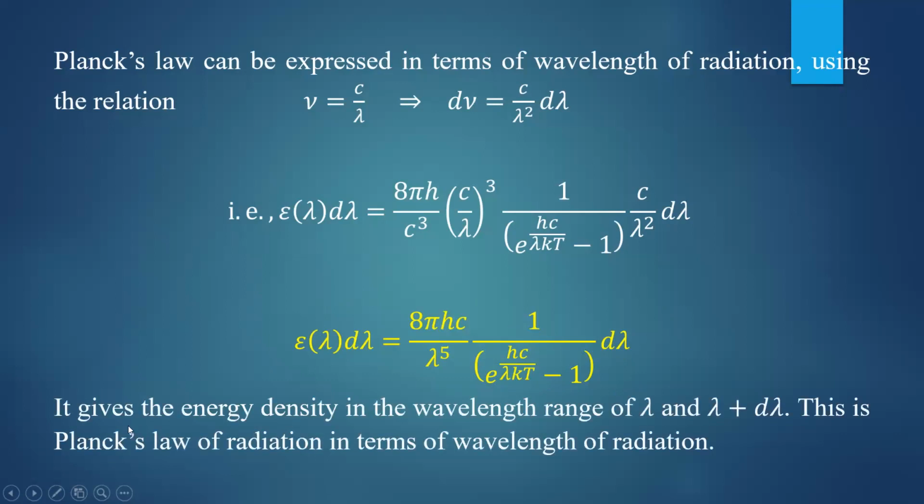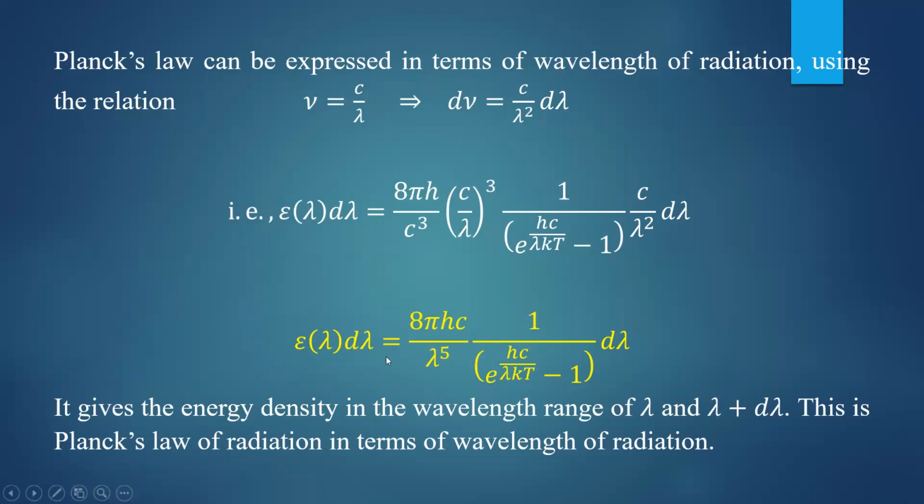So here also the energy density in terms of wavelength can be represented as inversely proportional to lambda to the power 5, and also it decreases exponentially for shorter wavelengths.